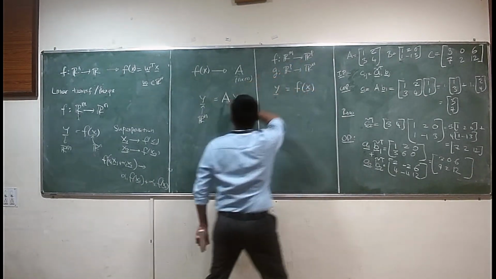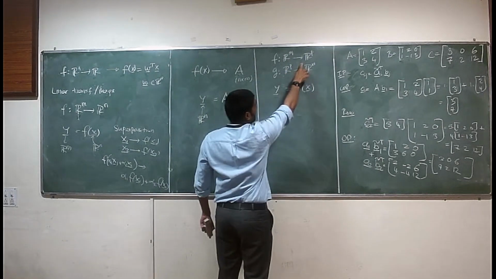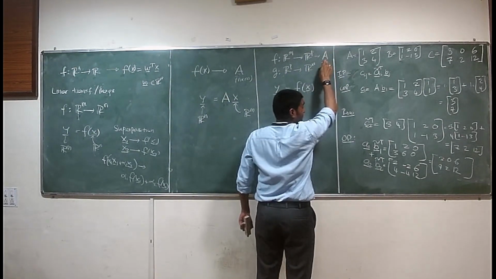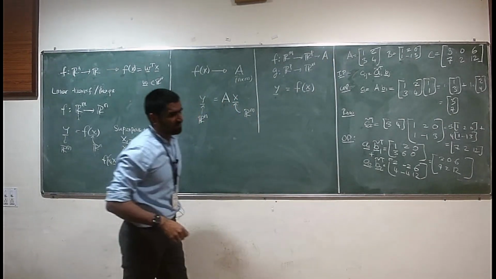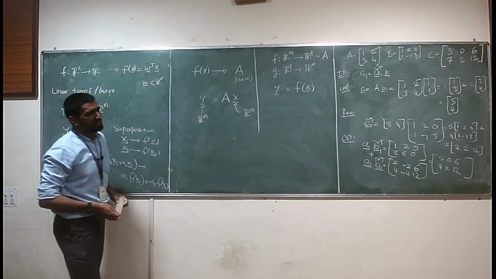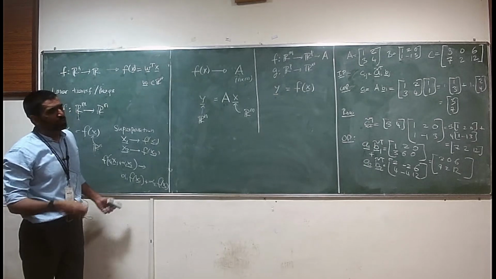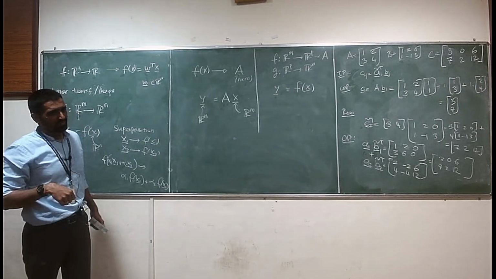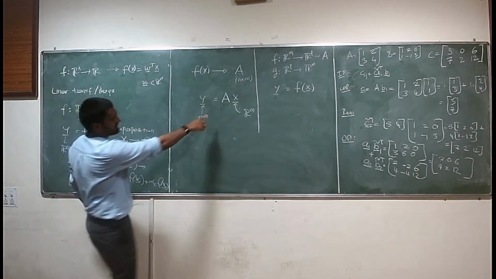Now, because of this fact, this linear transformation, let's say it's represented by a matrix A. And what will be the size of that matrix? Will it be n cross p or p cross n? Let's look at this.